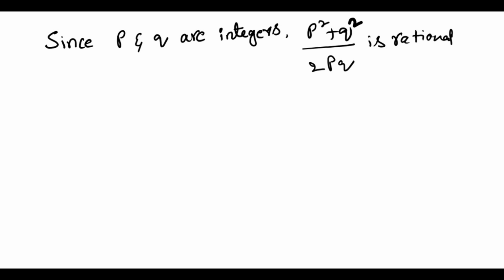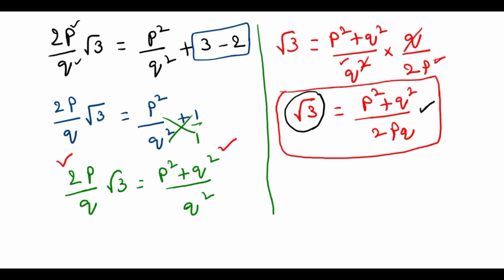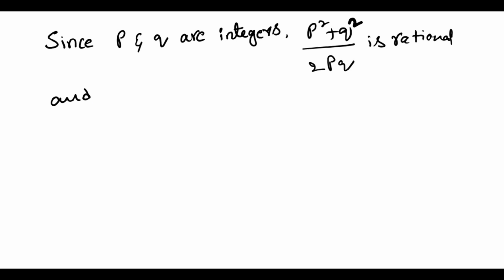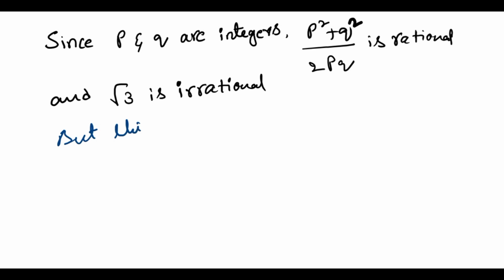And check what we have on the right hand side. Yes, it is root 3, which is irrational. Irrational, right? So what did we prove? Rational equal to irrational, but this contradicts our assumption.